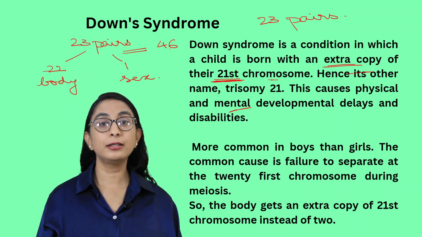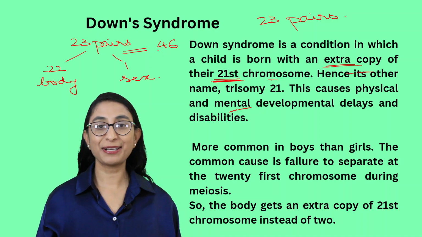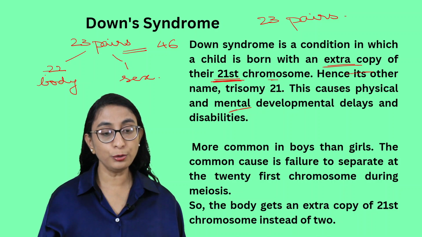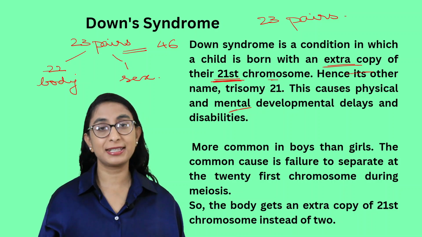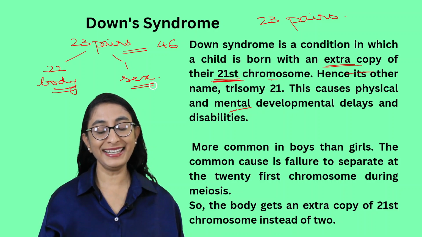So in the 23 pairs, one set is coming from the father and one set is coming from the mother. Further, out of these 23 pairs, 22 pairs are body chromosomes and one pair is the sex chromosome, right?